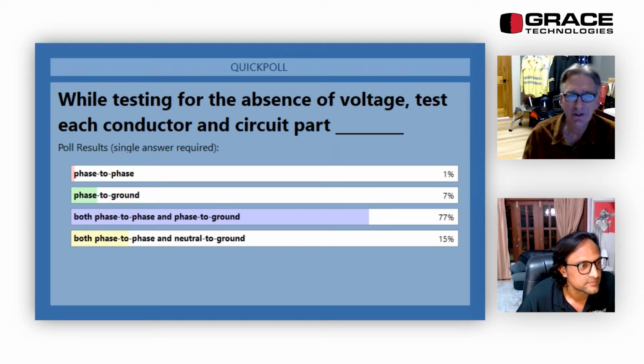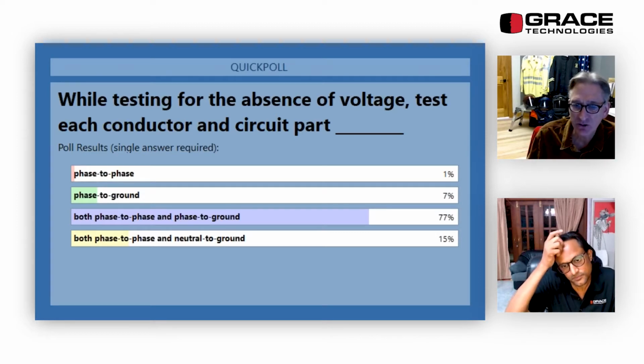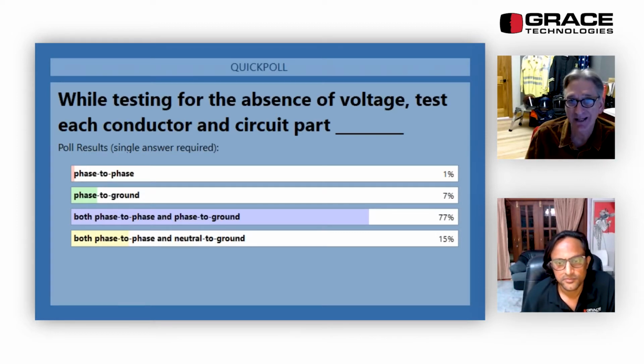Well, you can. It's not going to hurt to check phase to neutral, and even checking neutral to ground. There should be 0 potential there, neutral to ground, even though the neutral is isolated from ground.